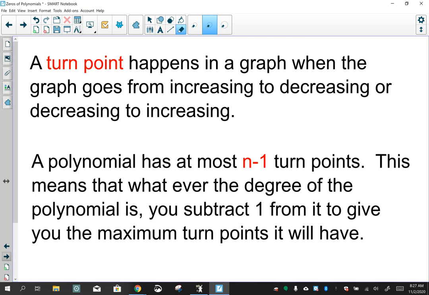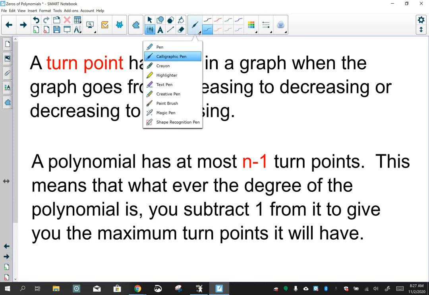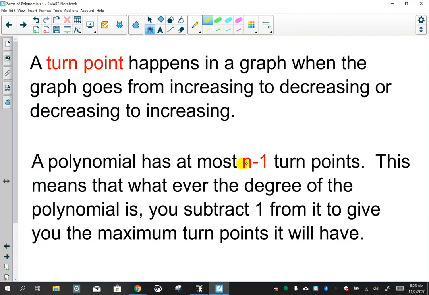A polynomial has at most, so this is the max that it could possibly have, n minus 1 turn points. What that means is whatever the degree of your polynomial is, you take that degree, subtract 1, and that's how many times it can turn.